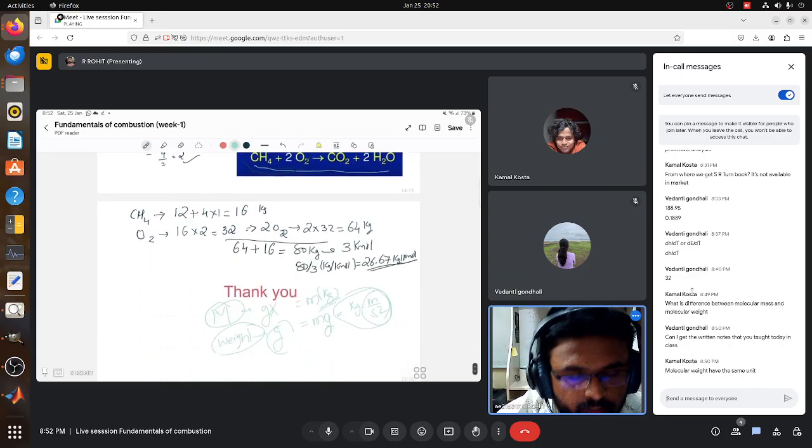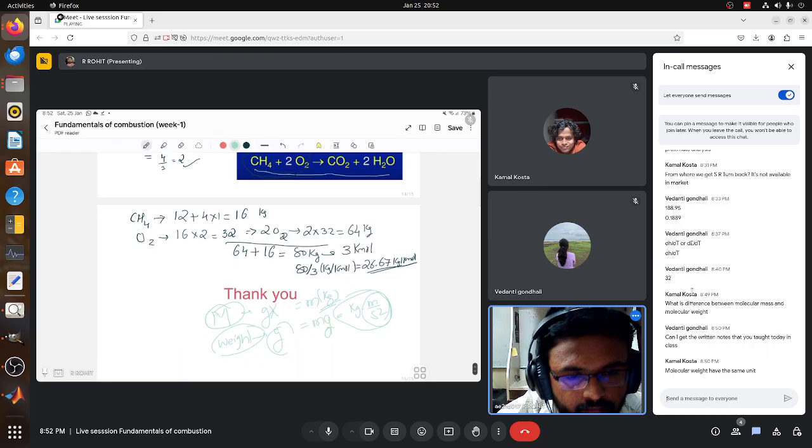But it's a terminology that people commonly use. For our subject and disciplines, if you say molecular mass for a particular element, it's 12 grams for carbon, and for a compound we say molecular weight, where carbon dioxide is 44 grams.